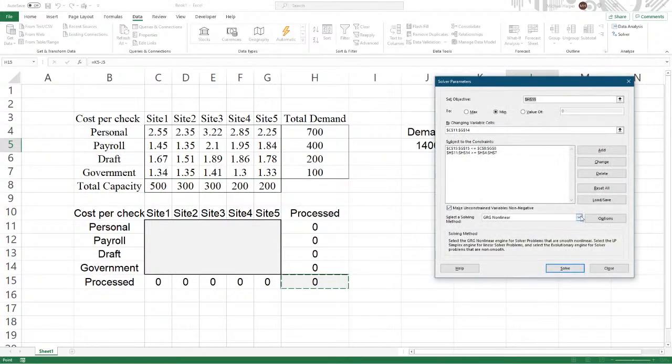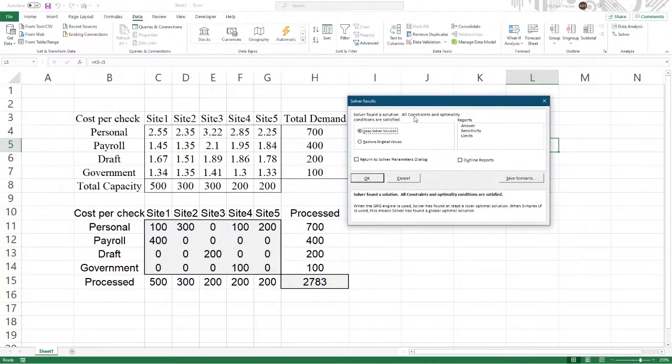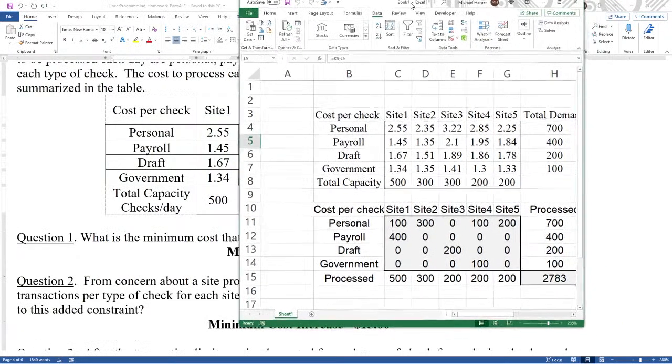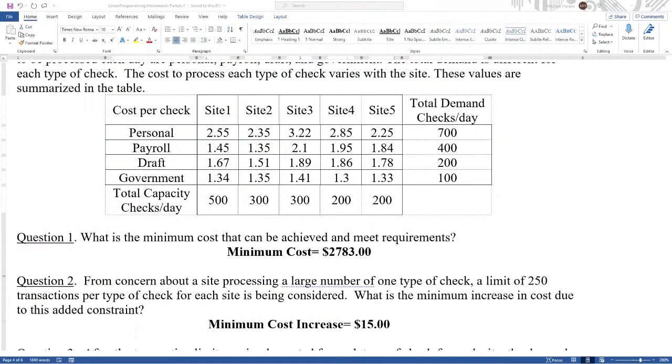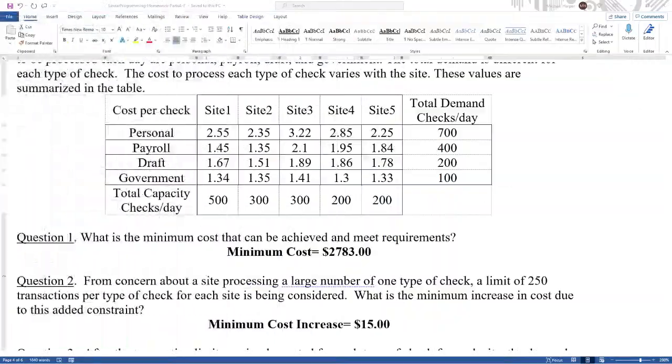Non-negativity constraints. Let's change the nonlinear optimization to Simplex, linear optimization, and say solve. Sure enough, it says Solver found a solution. All constraints and optimality conditions are satisfied. Keep Solver solution, say yes. The total cost is 2783. There it is, 2783, and that is the answer. So good, we're good to go.